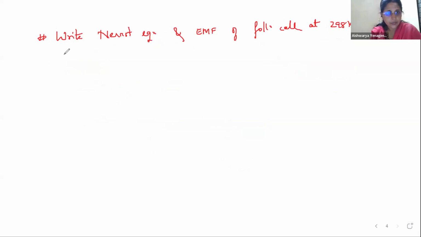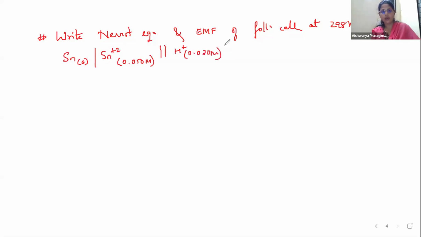Cell given is Sn solid bar Sn plus 2, 0.050 molarity, double bar H plus 0.030 molarity, bar H2 gas, 1 bar pressure, comma, platinum solid, inert electrode. Fine. So you are supposed to write the Nernst equation.